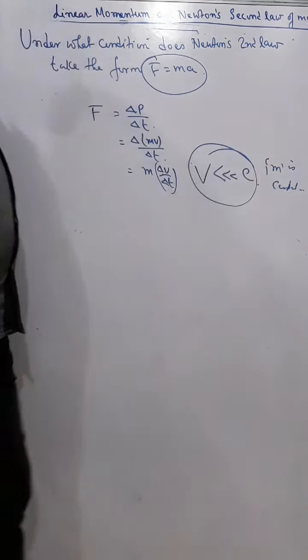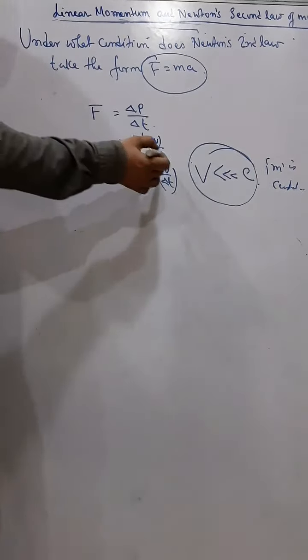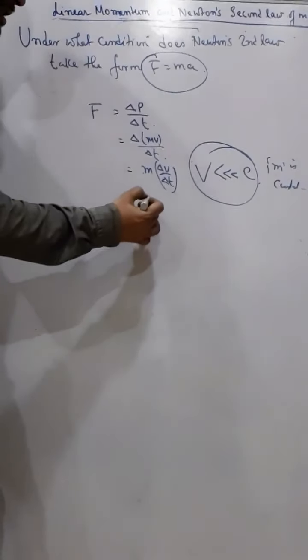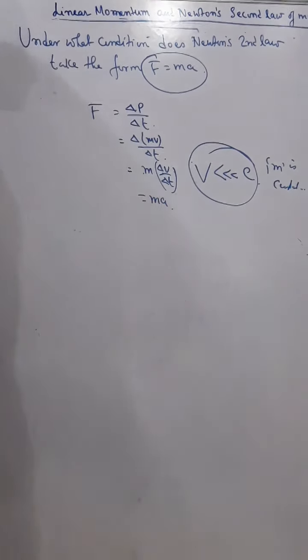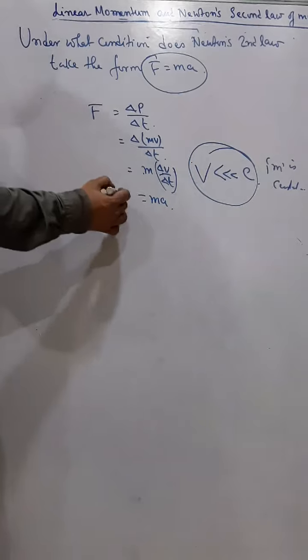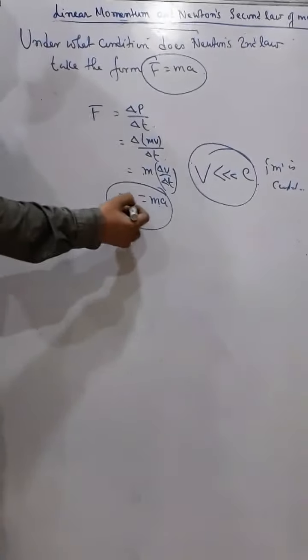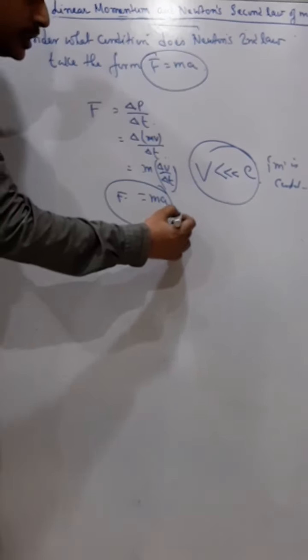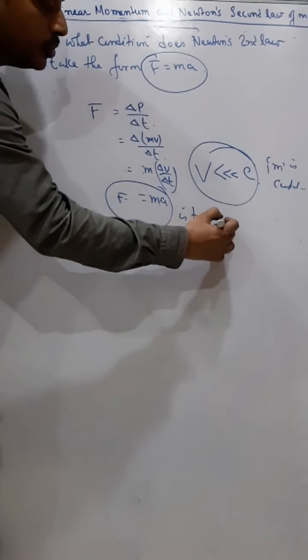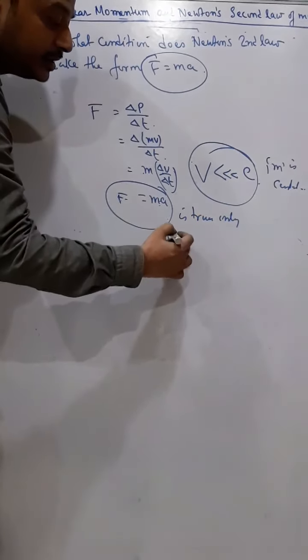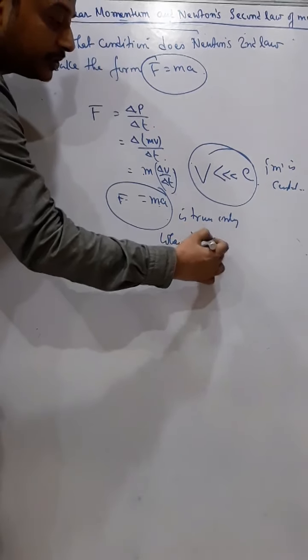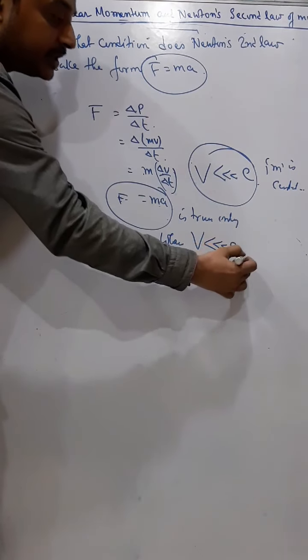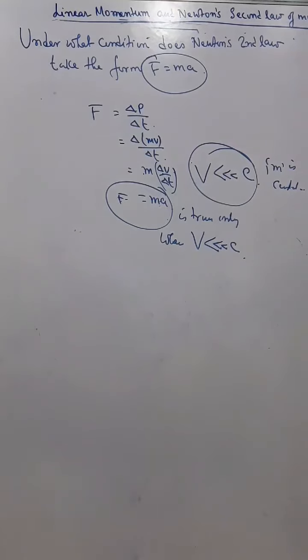Otherwise the mass is not constant. And since mass is constant, it is coming out, and then only it becomes m into a. So finally, what is the condition? F equals ma is true only when the velocity of the body is much less than the velocity of light.